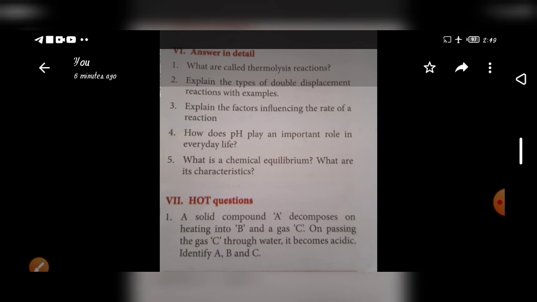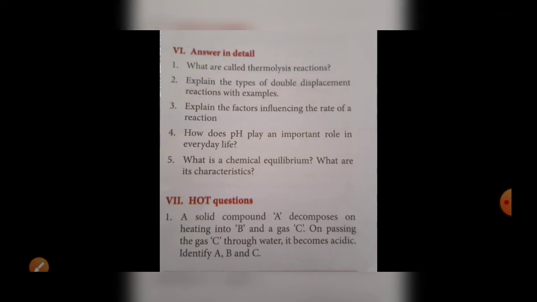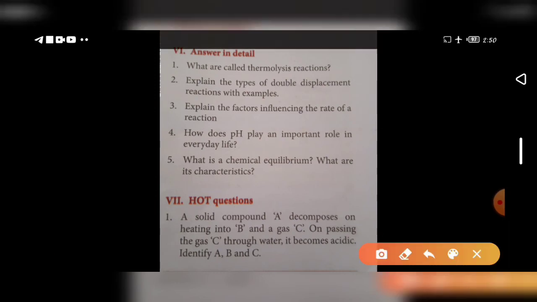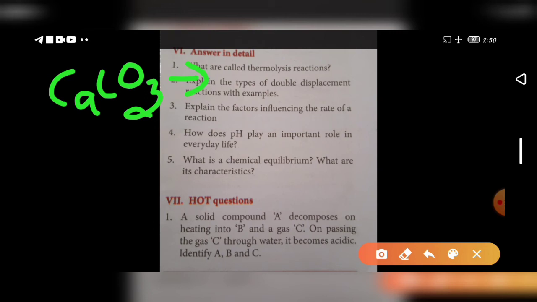Okay, next hard question. See here, you have to write down first: a solid compound A decomposes on heating into B and a gas C. You write down that line. After you write down this, the equation: I have written here a solid compound CaCO3 gives on decomposition.